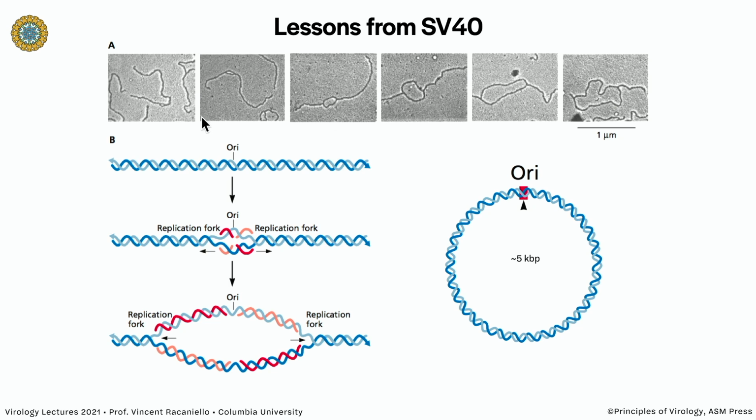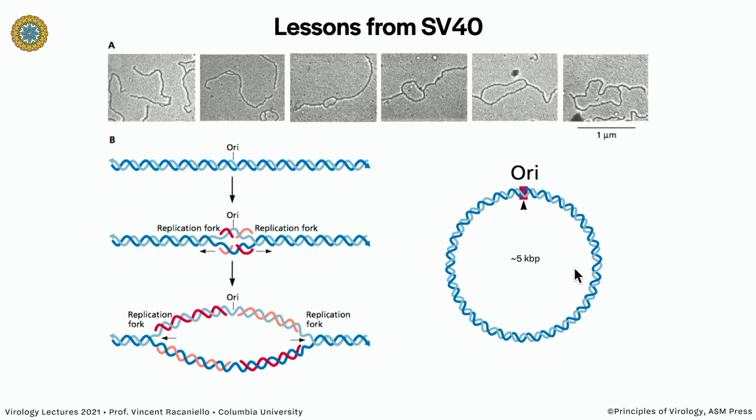This is an experiment where they took SV40 DNA and cut it with a restriction enzyme. They knew exactly where the site for the restriction enzyme is, and it cut it in a way that put the origin offset from one end, as you'll see in a moment.